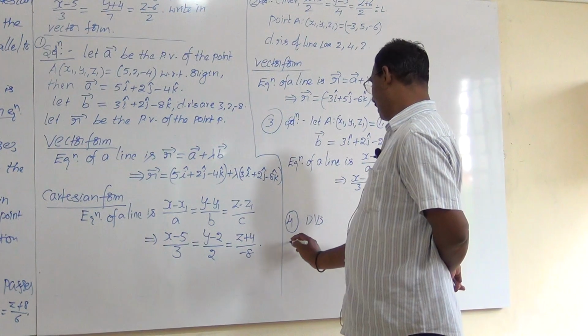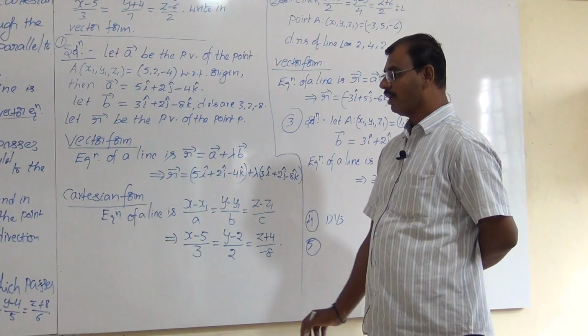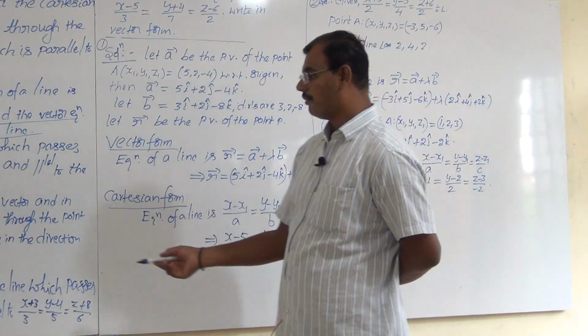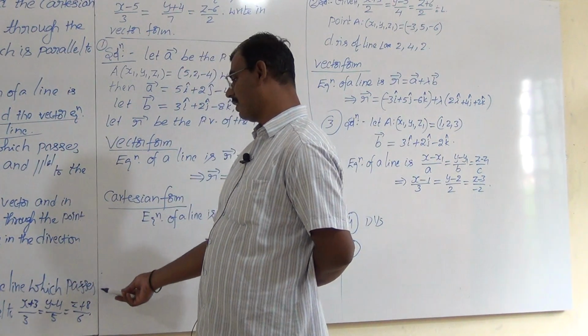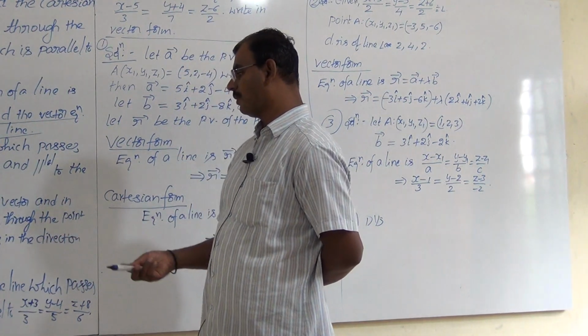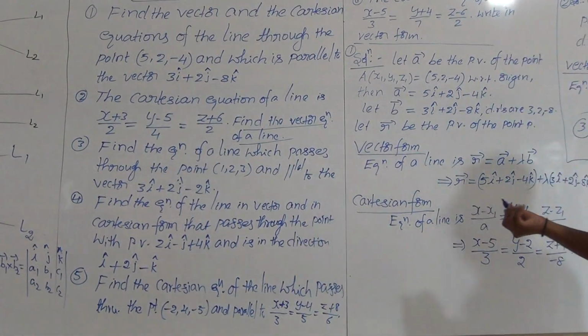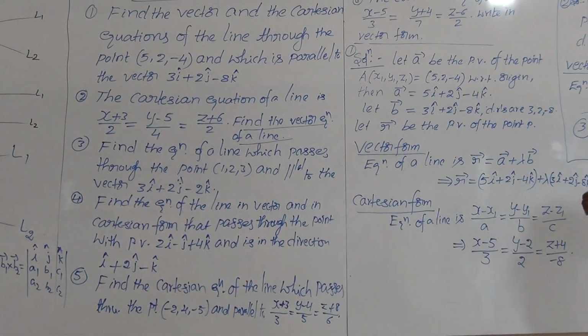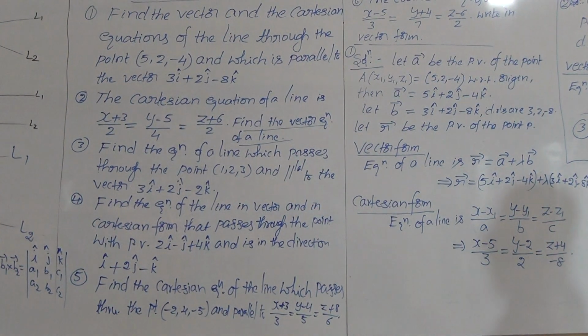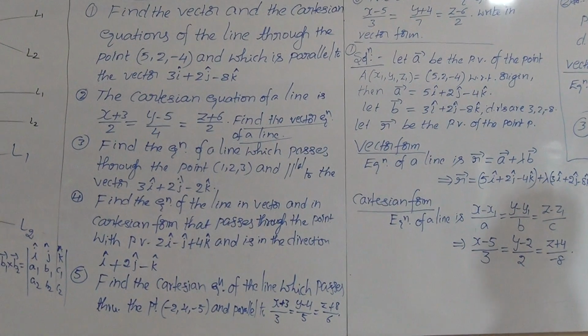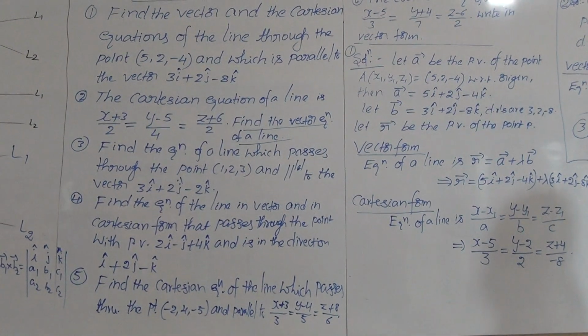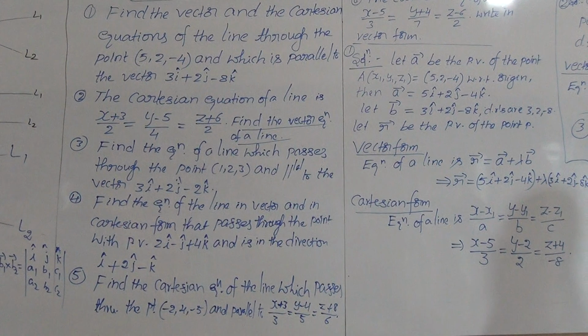Next we are going to the fifth question. I just revised this one. Find the Cartesian equation of a line which passes through the point and is parallel to this line. So it is a little changed here. How many conditions are needed to find the Cartesian equation of a line? We have two conditions. The first is the point required.